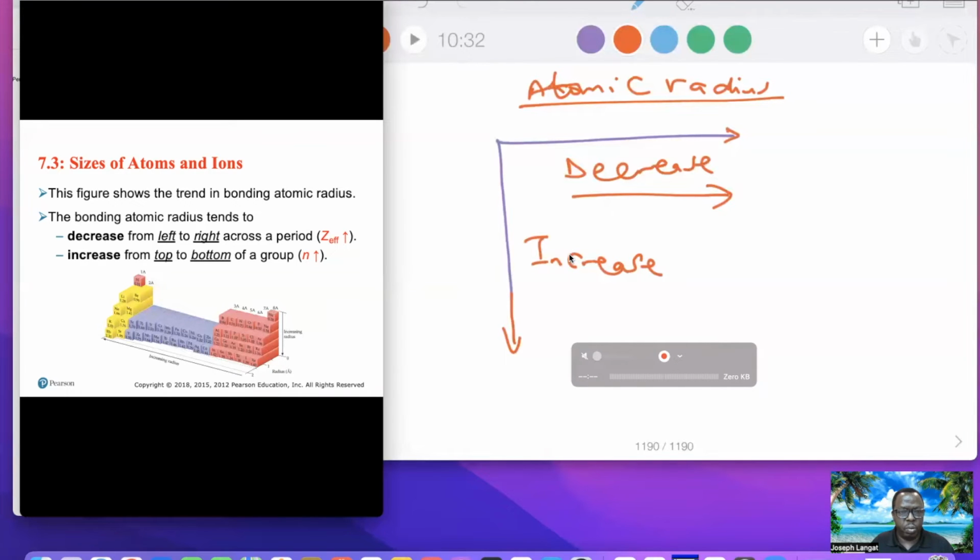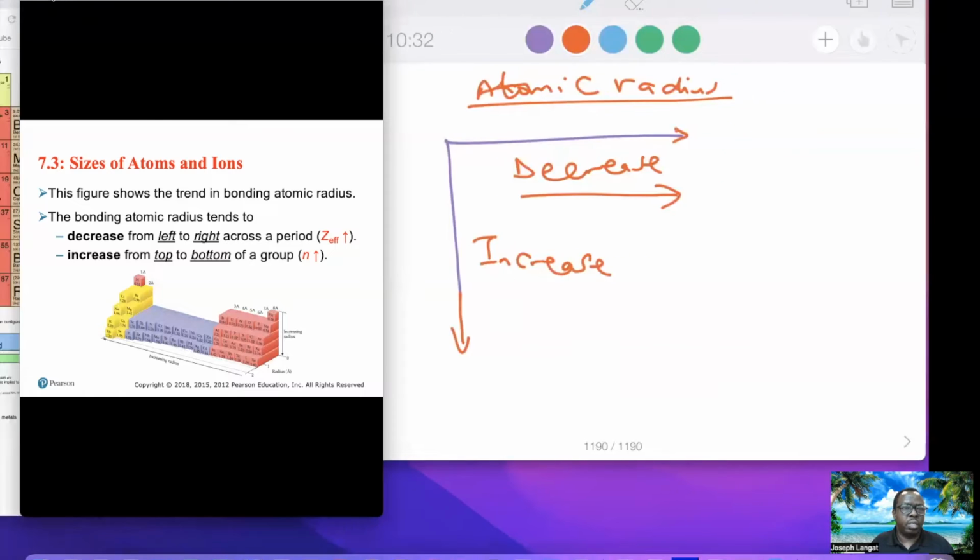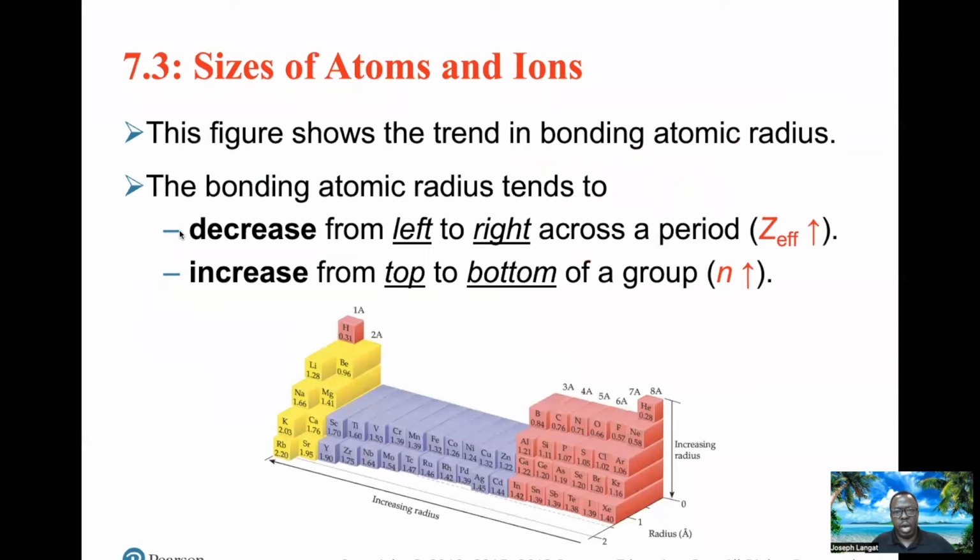You have to know which direction you are pointing. Mine pointing left, decrease. But if I'm looking at this direction, it increase. Those are some of the terms you may see in multiple choice.